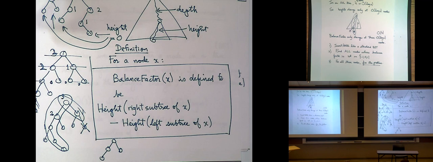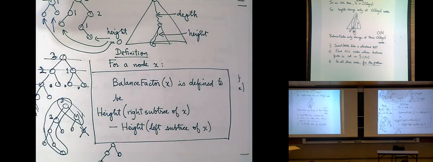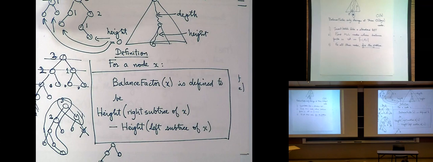Now we're actually going to talk about the fixing, which is more complicated. This is where we have to start doing rotations to figure out how to do it. Before we get there, I'll ask you a question.